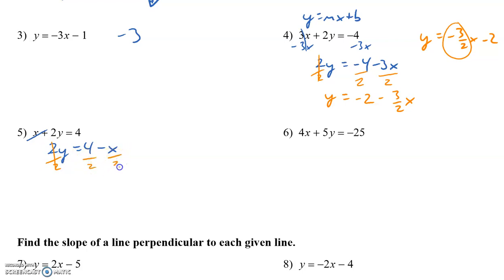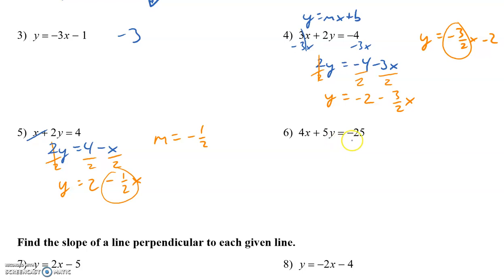Divide by 2, divide by 2. And you've got y is equal to 4 divided by 2 is 2, take away x over 2, or write it as negative 1/2 x. It doesn't make any difference. And your slope would then be minus 1/2 because that is what is sitting in front of the x when it's in this form.